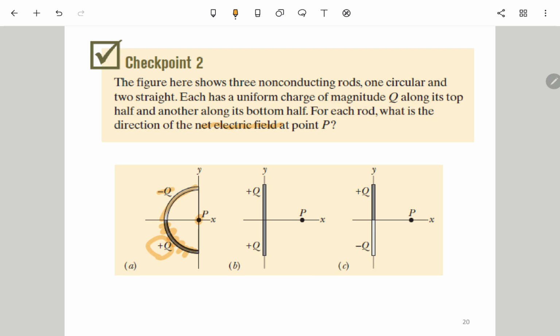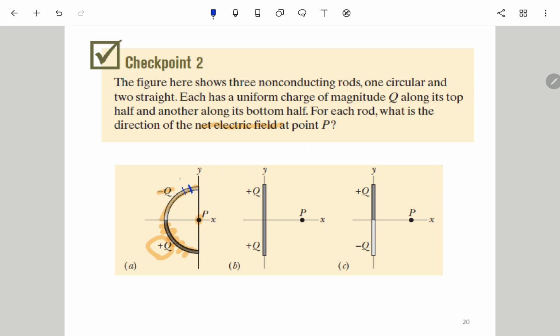Just as I mentioned in the previous lecture, of course this is a continuous charge distribution. So actually we need to separate it into many small parts, small segments.